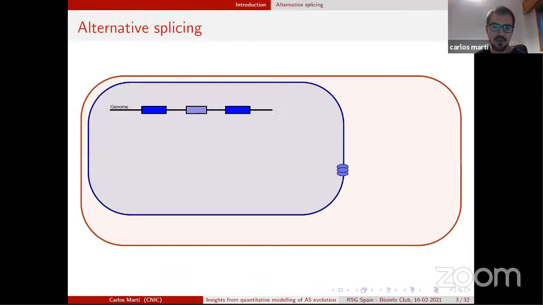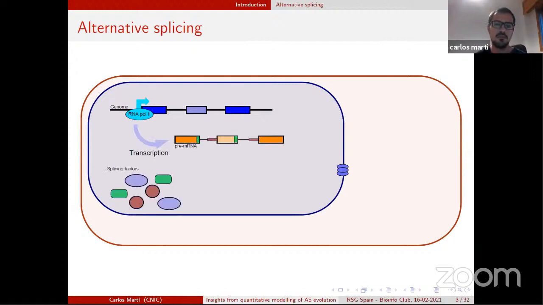So I will start with a brief introduction in which all of us more or less know that eukaryotic genes are often divided into introns and exons, such that when the gene is transcribed into a primary transcript, there are some splicing factors in the nucleus that recognize some signals in the primary transcript and assemble around them to catalyze the splicing reaction. That consists in the removal of the introns and joining together the exons.